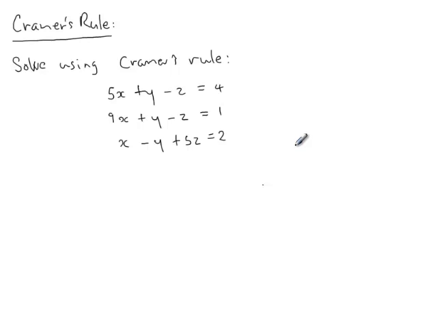Now, coming to that, Cramer's rule uses determinants. So when you use Cramer's rule, let me draw a line here. You must be able to represent this system in matricial form. In other words, you must see that there's a matrix here: 5, 1, minus 1, I'll correct that one.